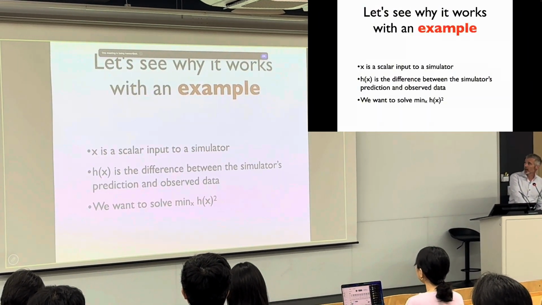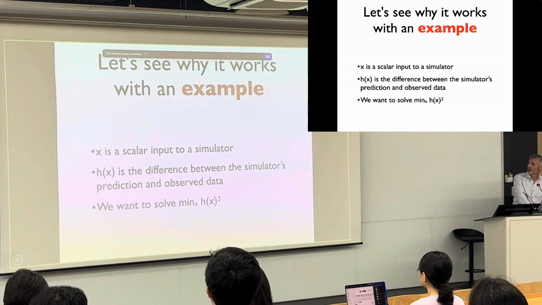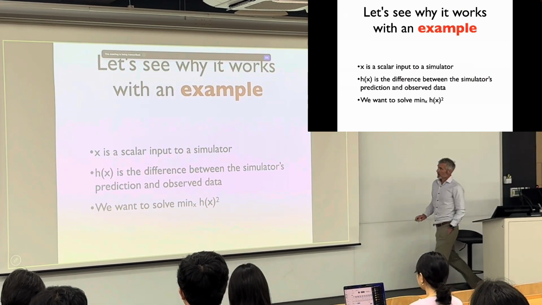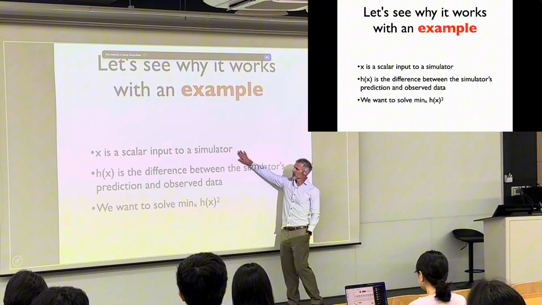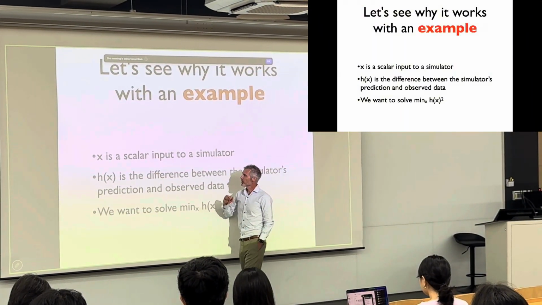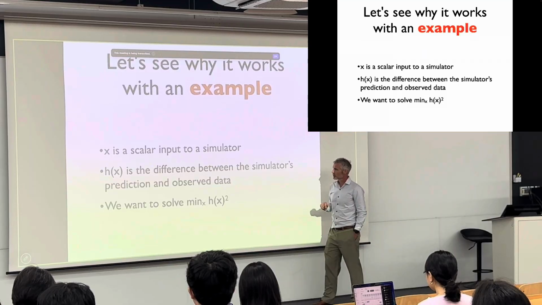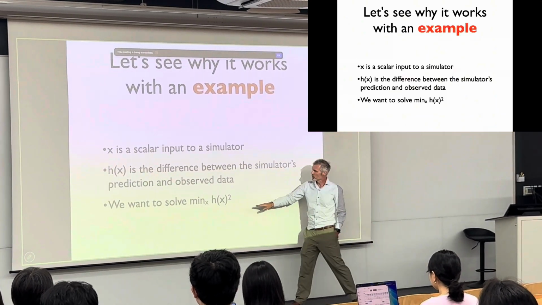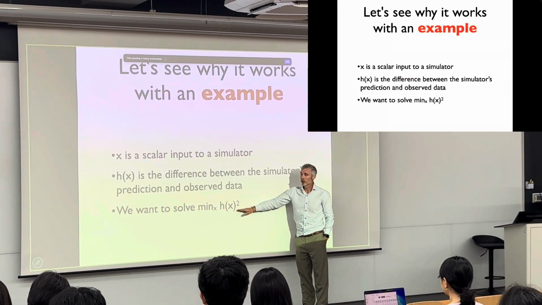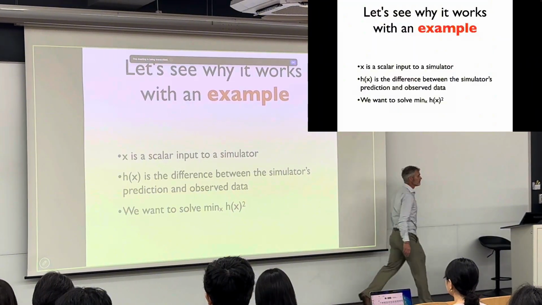So let me just show an example on a simple instance of this function network that has only one unknown function. I have a scalar input to a simulator. H of x is the difference between the simulator's prediction and observed data, and I'm trying to solve this sum of squares minimization problem.